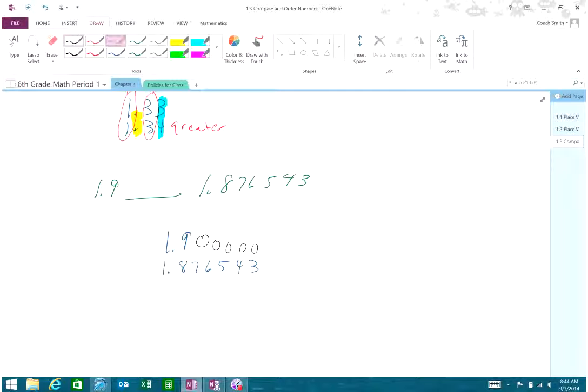Realistically it doesn't take a lot to compare them because the first numbers are the same, then the second numbers are different. Which is larger, 9 or 8? 9. So therefore, we put the is greater than sign in the blank because 1.9 is larger than the other. So don't assume that just because a number has more digits to it that it's a larger number, because that's not the case at all.